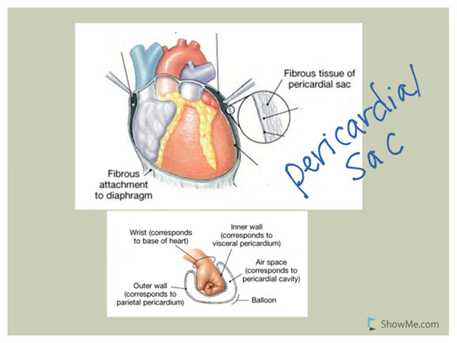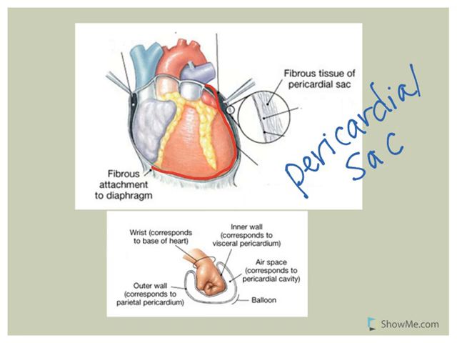Now, the serous pericardium has two components to it. The serous pericardium is a serous membrane. It includes the visceral pericardium and the parietal pericardium. On this picture here, I'll do it in red. The visceral pericardium is going to be covering the heart itself.